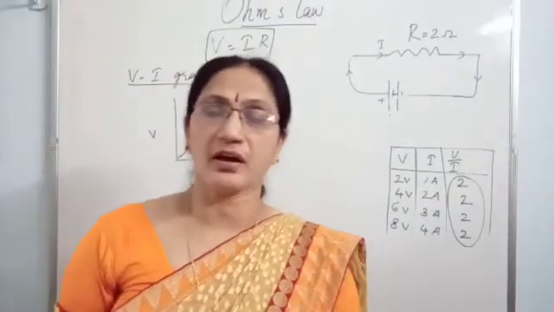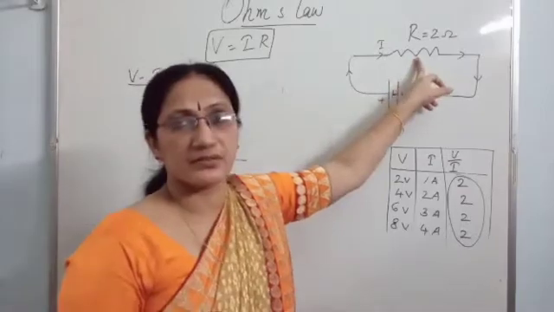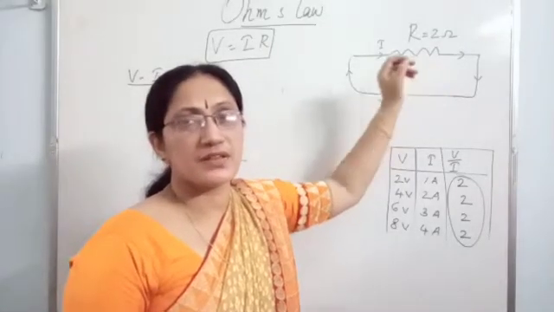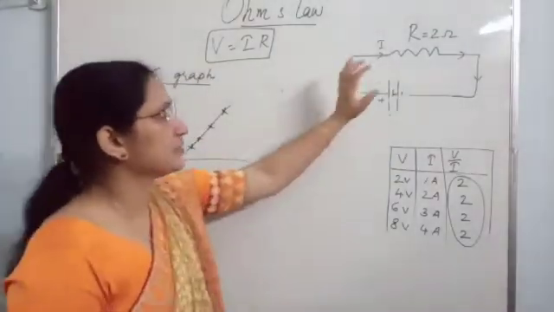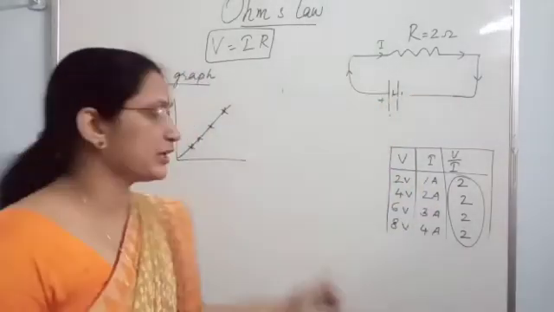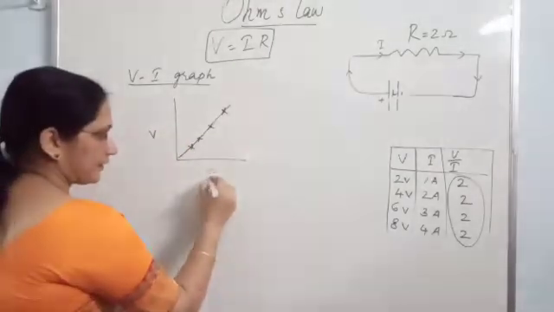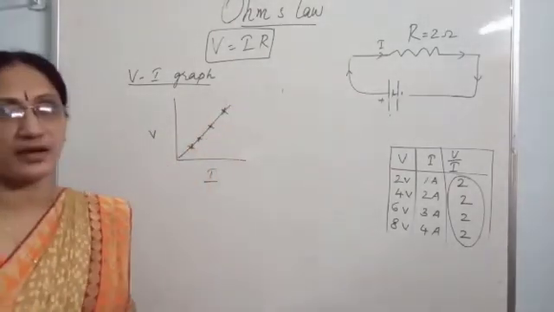From VI graph, you can calculate what is the resistance of this conductor. Let us see how to do it. First you have to conduct experiment and get the V and I values. Then plot a graph with V against I. You got a straight line.